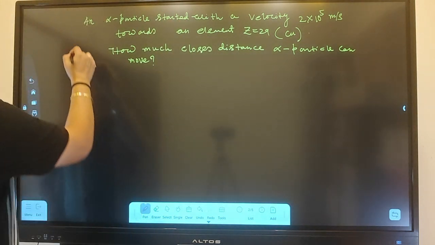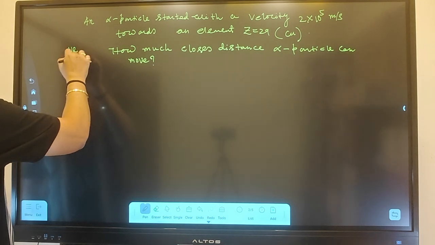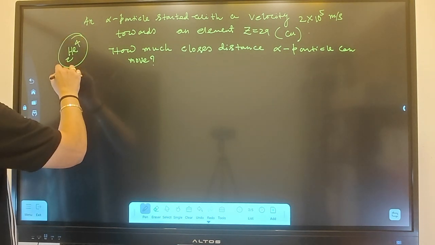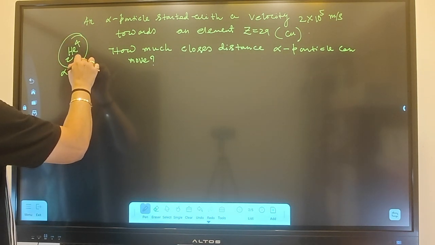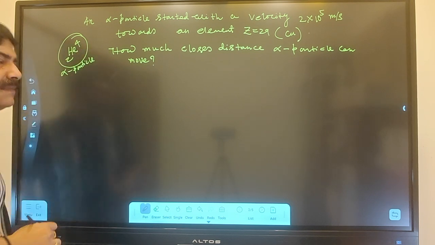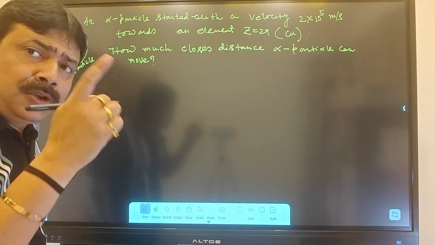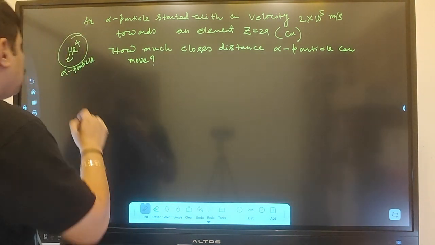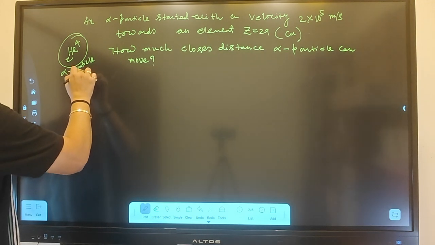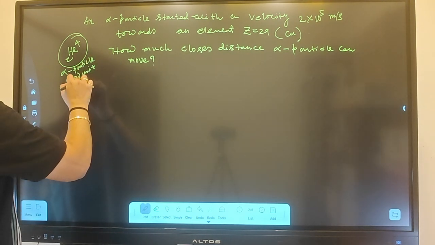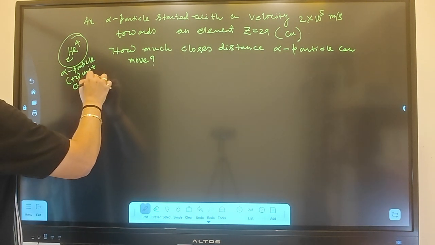The only difference from helium is that helium has 2 electrons, but the alpha particle doesn't have those 2 electrons. That's why it has 2 units positive charge. That is nothing but an alpha particle.